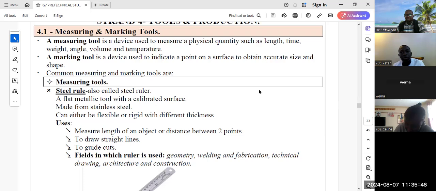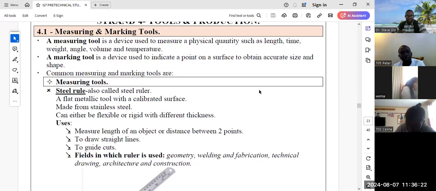On the other hand, marking tools are devices used to indicate a point on a surface to obtain accurate size and shape. Marking tools indicate a point on a surface, while measuring tools measure the physical quantity. What can you measure as physical quantity? You can measure length, time, weight, angles, volume, temperature, etc.